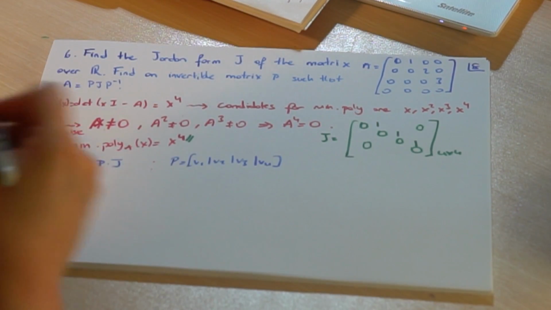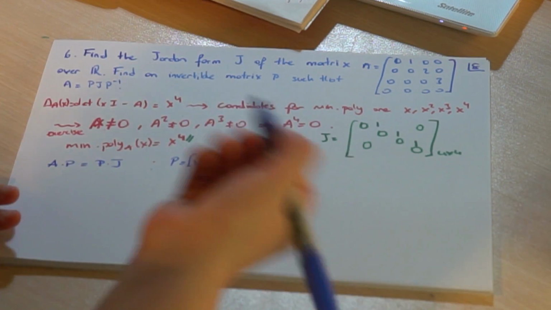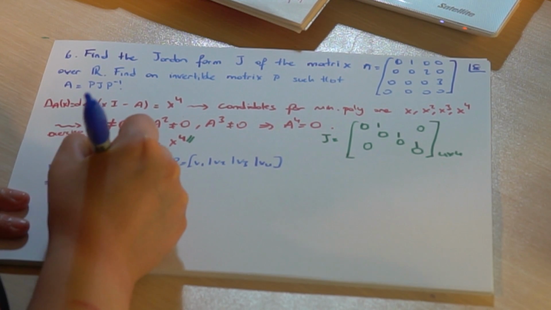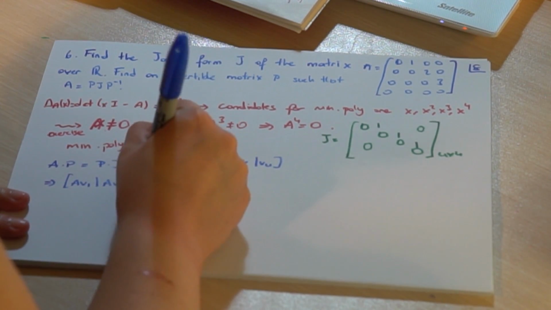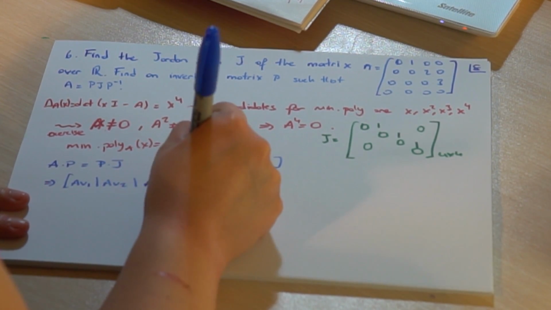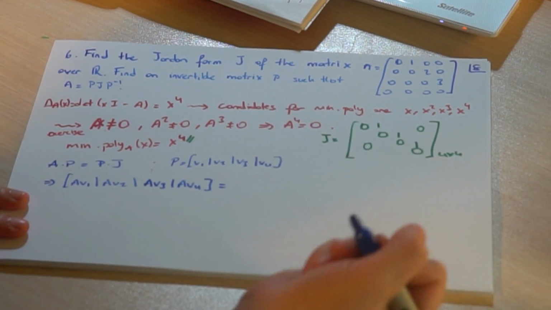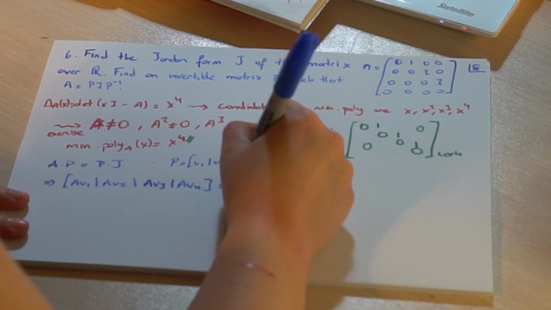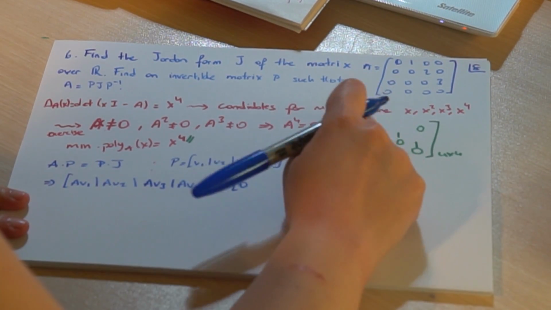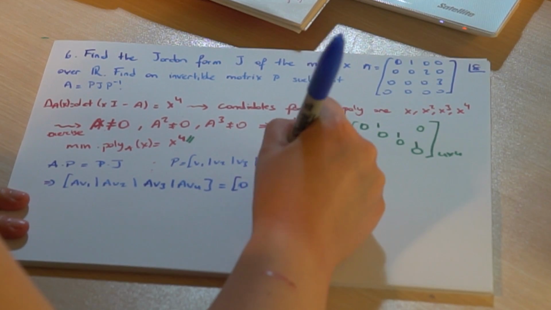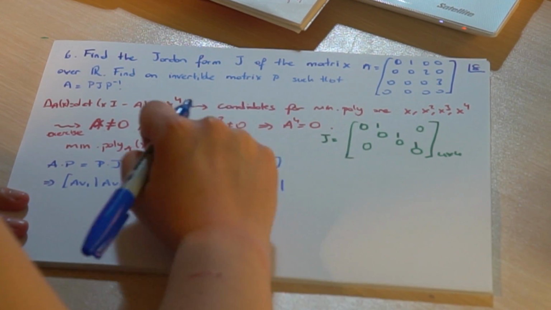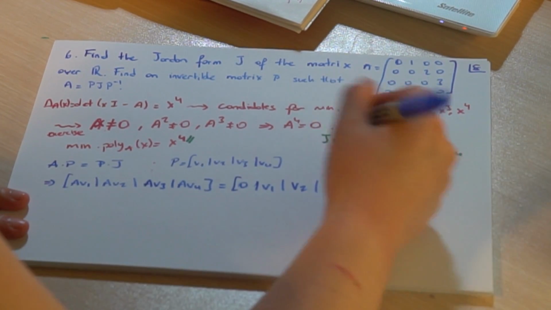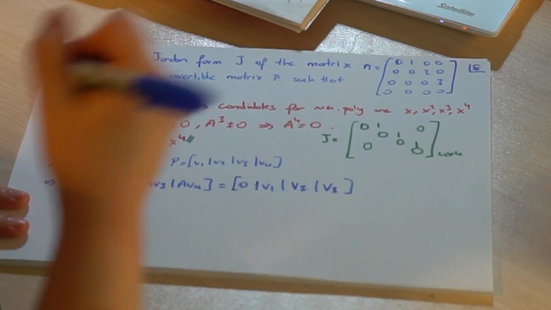If we do this multiplication, we will have AV1, AV2, AV3, AV4 equal to: this one times this one is 0, this one times this one will be V1, this one will be V2, and this one will be V3.